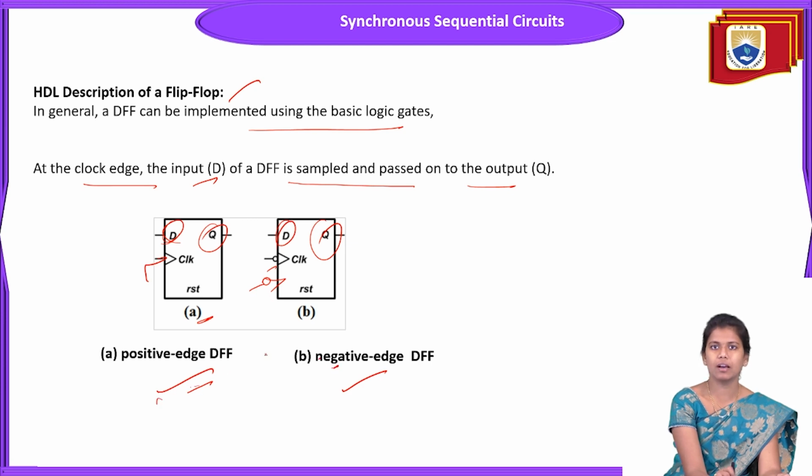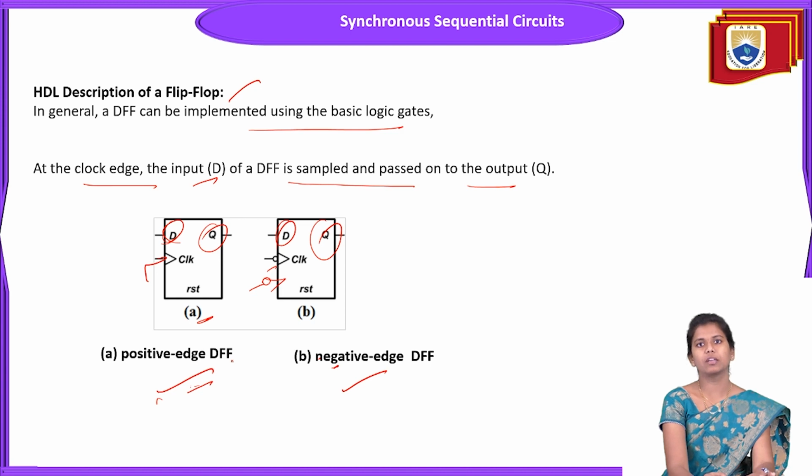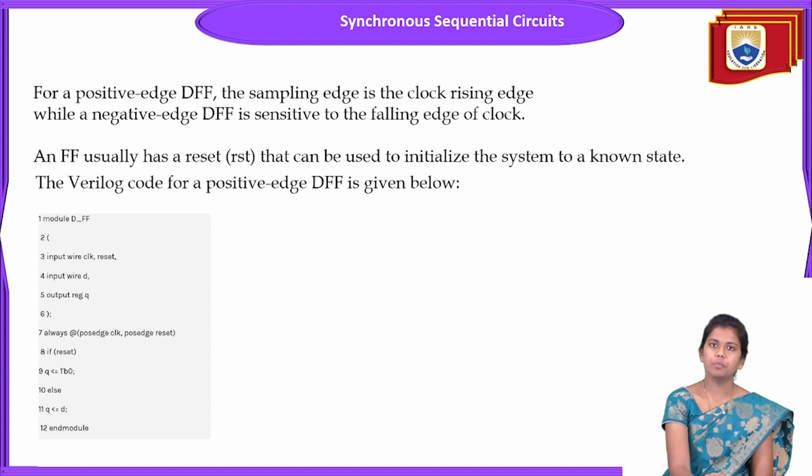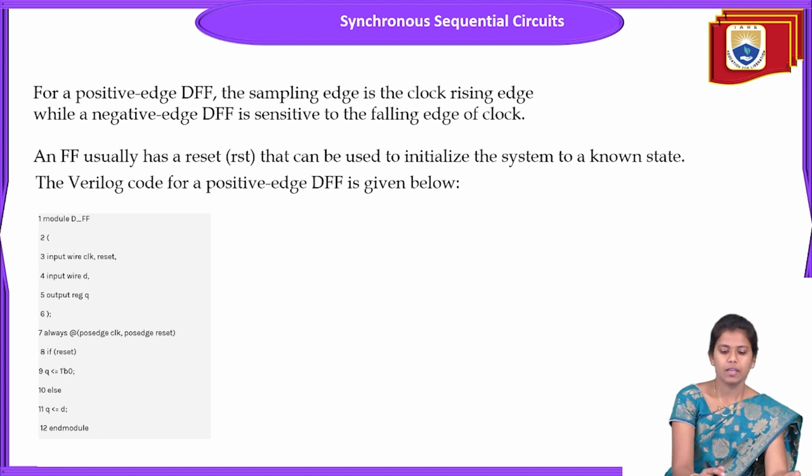So this is the difference between a positive edge and a negative edge for a D flip-flop, which is a storage element. And now we are describing the HDL based on the flip-flops. For the positive edge D flip-flop, the sampling edge of the clock is the rising edge.